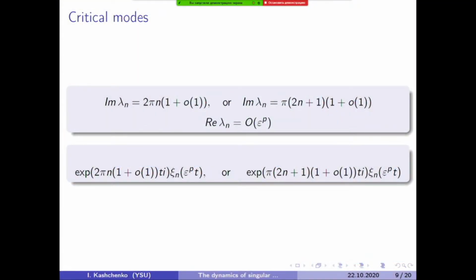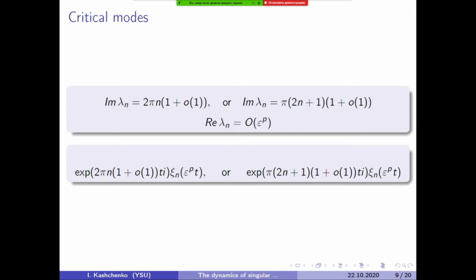In summary, all these roots have the following common conditions. The imaginary part is close to 2 pi multiplied by an integer, for the situation when a is close to +1, and the imaginary part is close to pi multiplied by an odd number for a close to -1. And the real part is small enough.